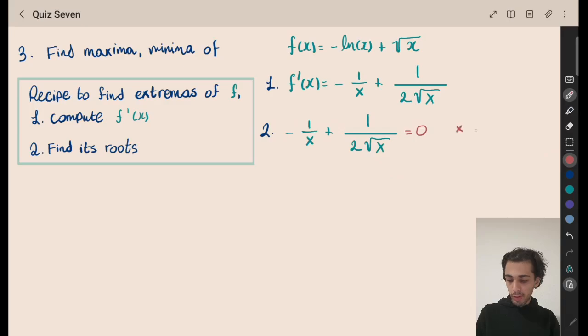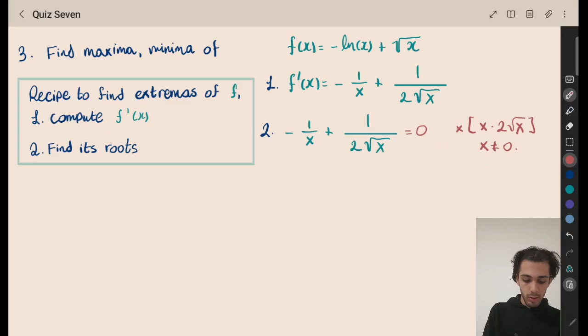So I'll multiply both sides by x times 2 square root of x, assuming that x is not equal to 0, because if x is equal to 0, then yeah, it's a big problem. And then I get minus 2 square root of x plus x is equal to 0.